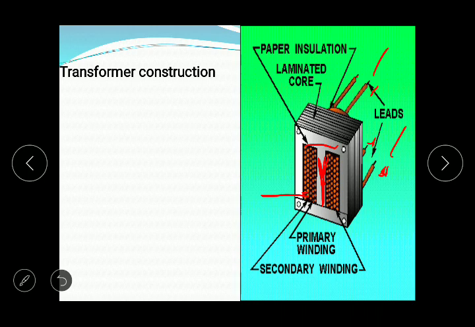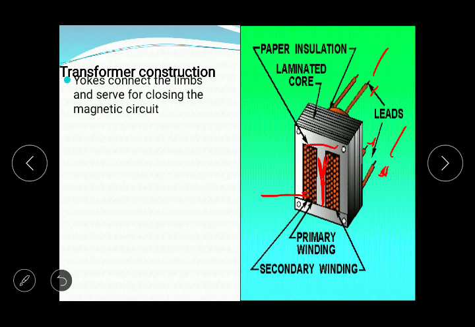Here this is a paper insulation. We are using paper insulation between the primary and secondary windings. Next, yokes connect the limbs and serve for closing the magnetic circuit.